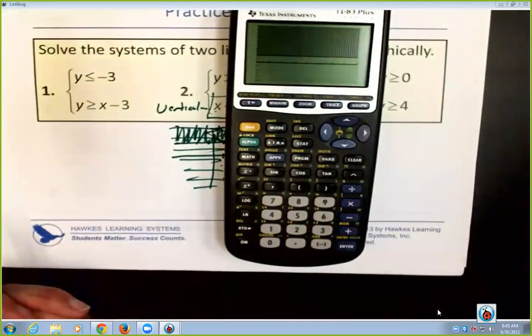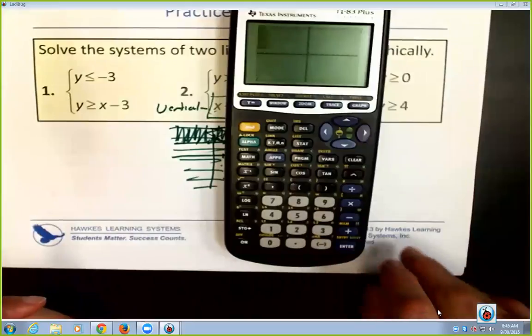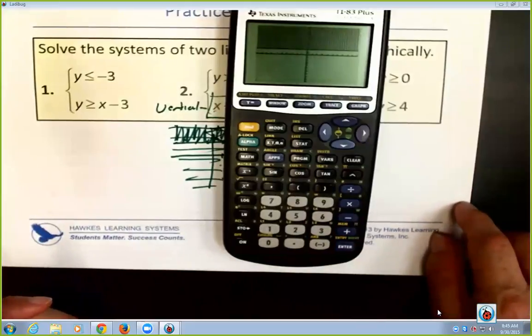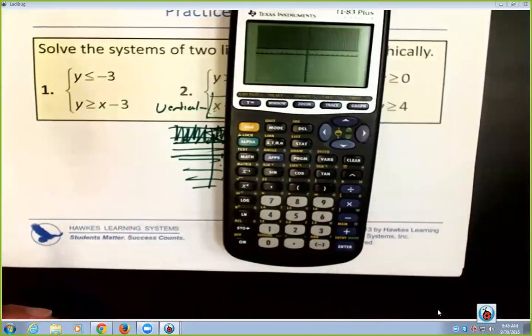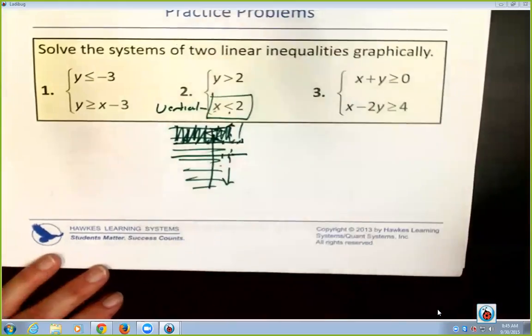I don't even have my X and Y axis in there. If you go to Zoom, down to 6, then it will change your window back. Okay, so then your window will come back and you'll be able to see what your graph looks like. So do that and watch your changes in there.